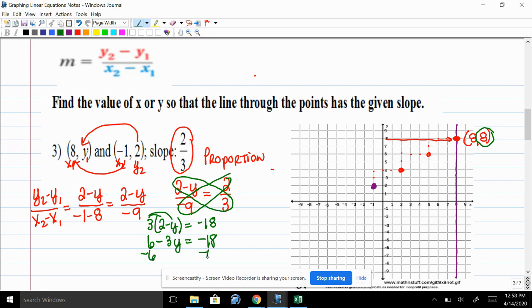Subtract 6, subtract 6. -3y is equal to -24. Divide both sides by -3. -24 divided by -3. There's my +8. So either way, you're going to get 8 as your answer.